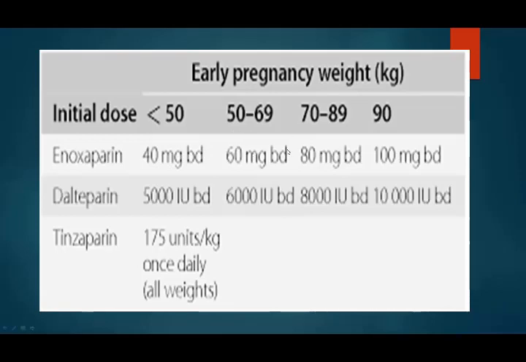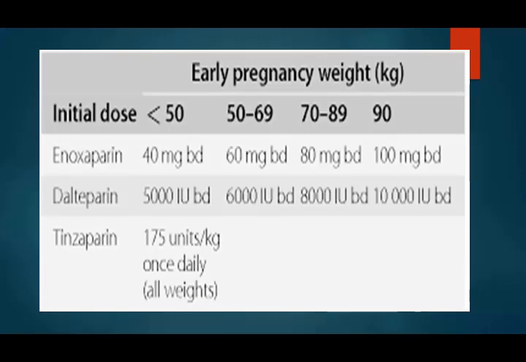And for the higher weights, like about 90 and 100 kg, we are giving the BD regime also. And for around 60, 70 to 80 kg, we can give 60 mg initially once a day. So enoxaparin is the one most commonly used, and it is given subcutaneously in the skin.